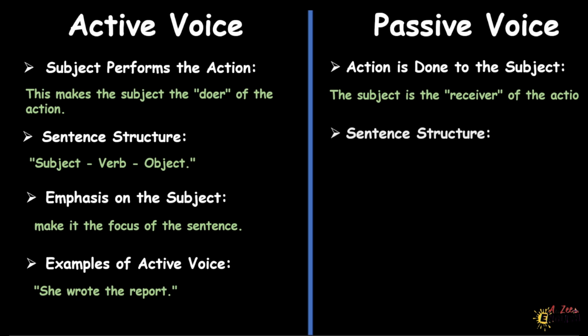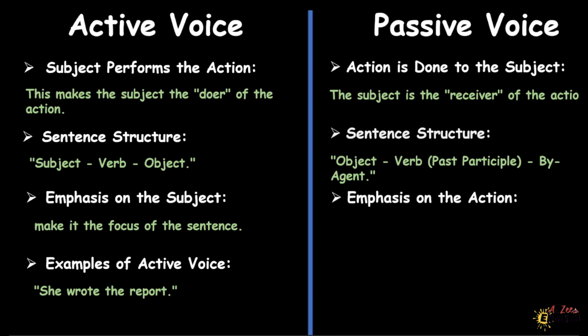The structure of a passive voice sentence is typically object, verb, mostly in the past participle form, then by, agent. The subject usually follows by to indicate who performed the action, meaning the agent.